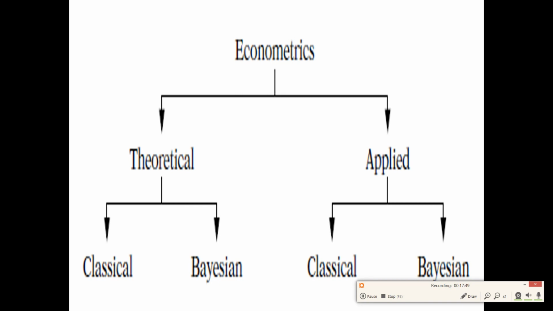It doesn't incorporate any fresh information, and it doesn't update probabilities, whereas the Bayesian logic incorporates fresh data to present estimates of updated probabilities or posterior probabilities. By the way, this course is concerned only with the classical part of applied econometrics, right? The Bayesian econometrics will be covered later, not in this course. Okay.